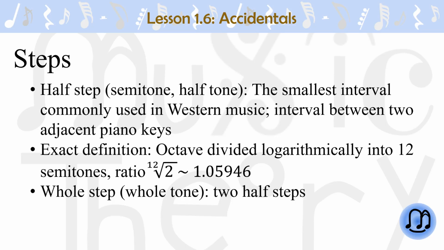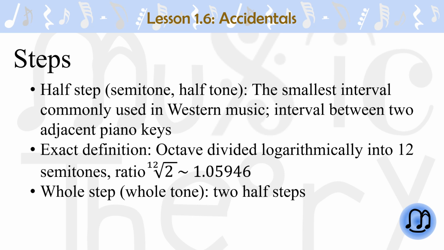Before we learn accidentals, we first have to know what half steps and whole steps are. A half step, also called a semitone or halftone, is the smallest interval that is commonly used in Western music. It is the interval between two adjacent piano keys.